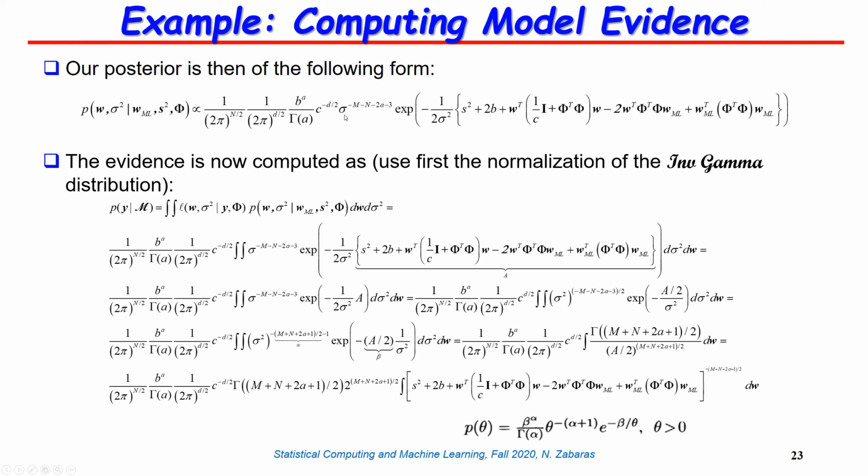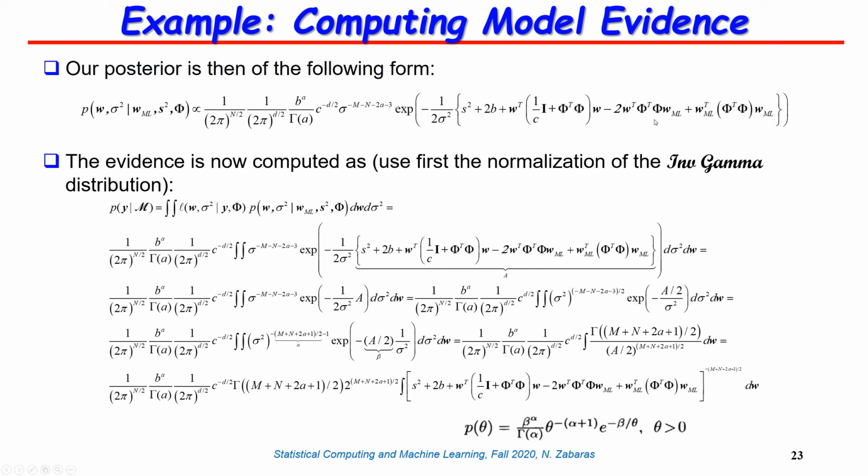So this is what I have here: the likelihood times the prior. To get the evidence, which is the denominator in my posterior distribution of W and sigma squared, I will need to integrate the likelihood times the prior, and I will need to do this integration on W and on sigma squared.